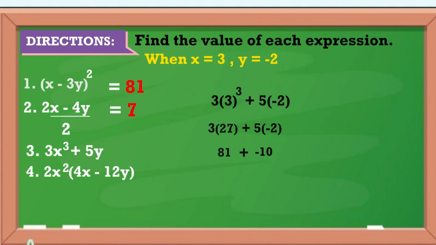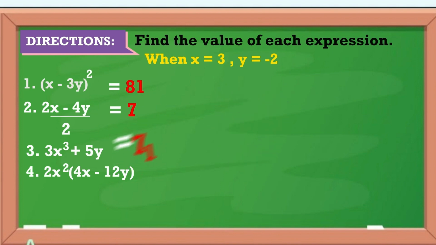As you can see again, it has a different sign, positive plus negative. So we will follow the rules of adding integers. So 81 plus negative 10 is equal to 71, correct? So the answer for number 3 is 71, correct?